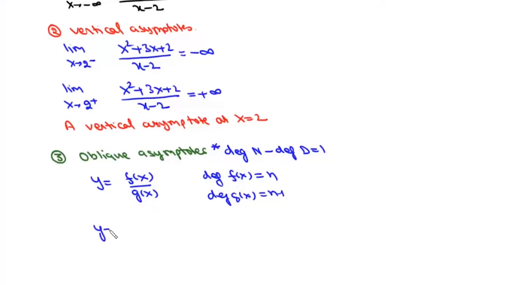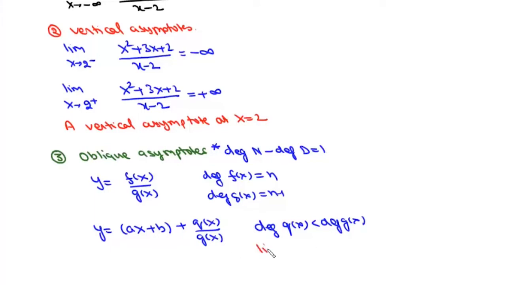When we divide it, we can write this as y equals ax plus b plus some q(x) upon g(x), where the degree of q(x) is less than the degree of g(x).